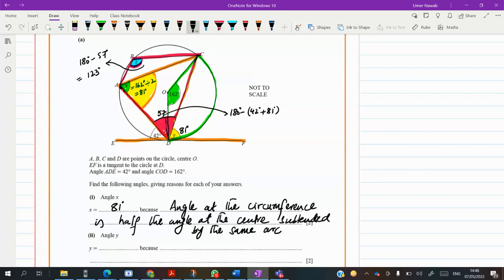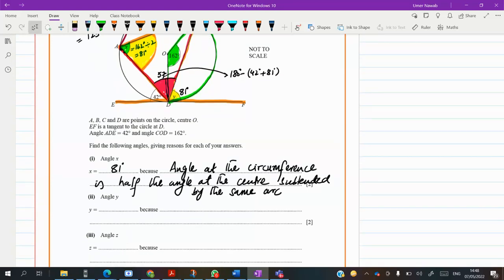Or you can phrase it in your own way. The property should be well understood by you. Why I found it, boys? 81, alternate segment theorem.